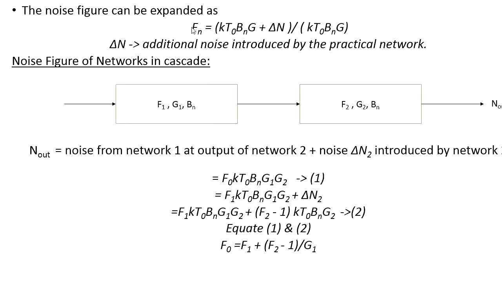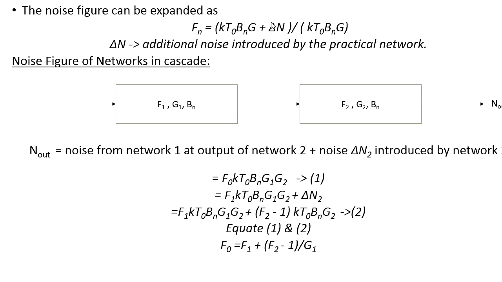And here the noise figure can be calculated as KT naught BnG plus delta N. Delta N is the noise introduced in the practical receiver, and KT naught BnG is the noise produced at the ideal noise receiver. This is about the ideal noise receiver.